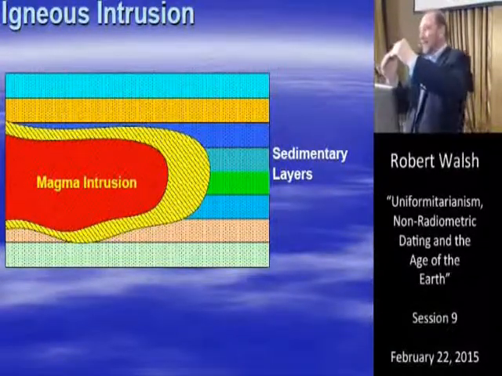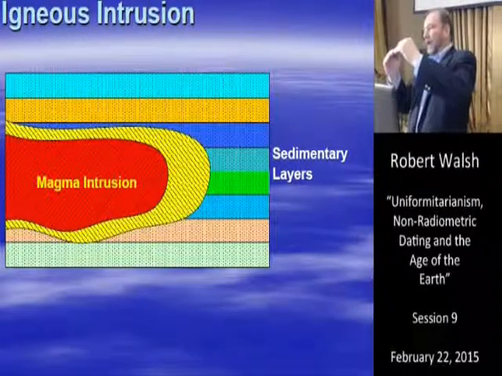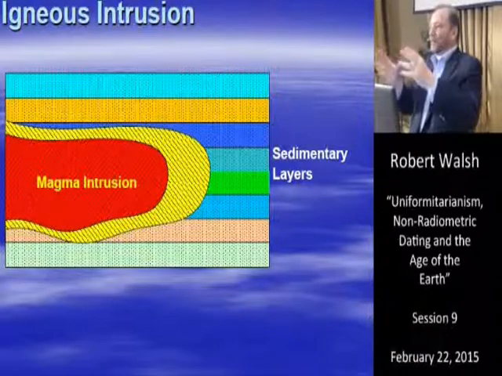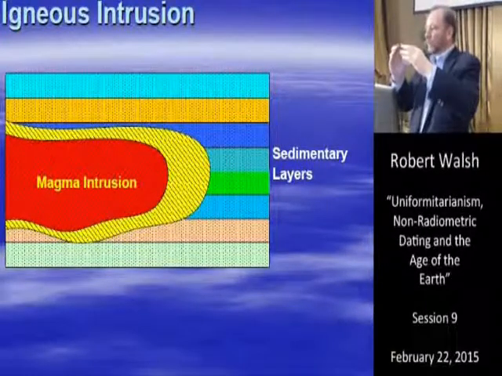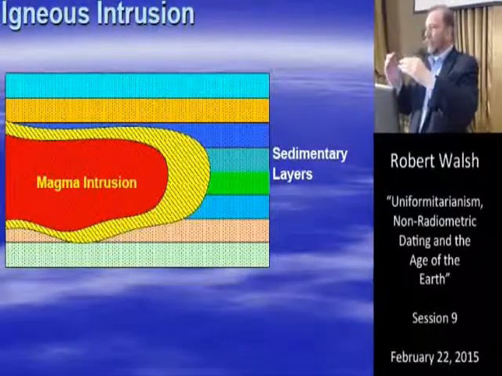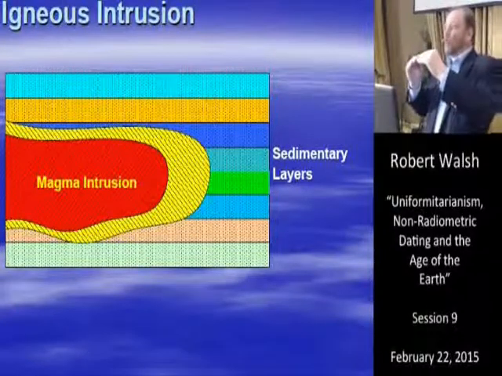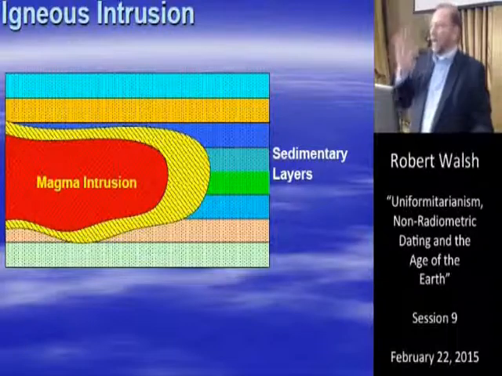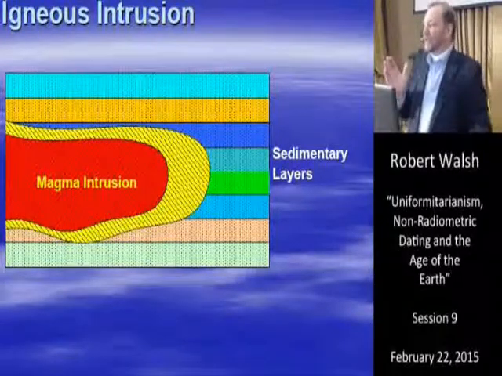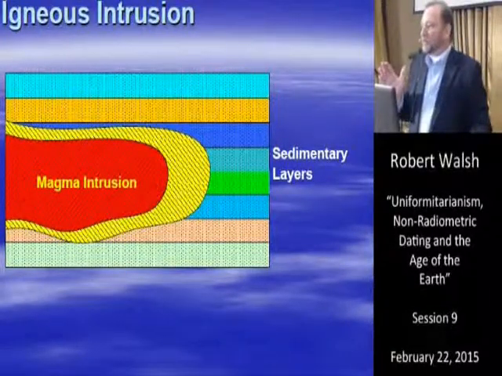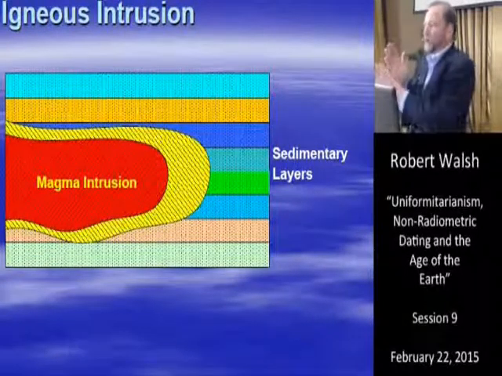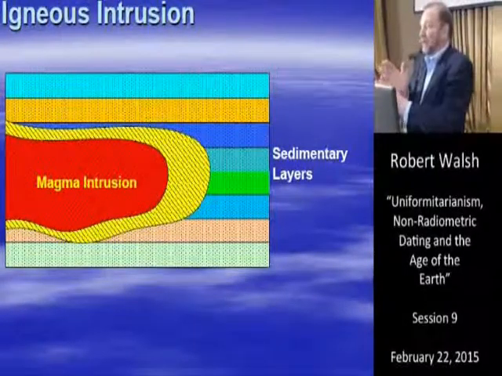So what happens then is the part of the magma that's closest to the sedimentary rocks cools more quickly. Okay? So as this rock cools, once it hits the Curie point, whatever orientation those molecules are in, because they're lined up with the magnetic field of the Earth, they're frozen in that position, just like the Mid-Atlantic Ridge.